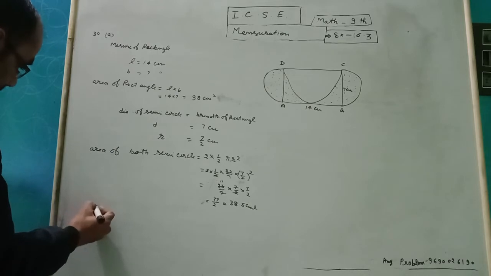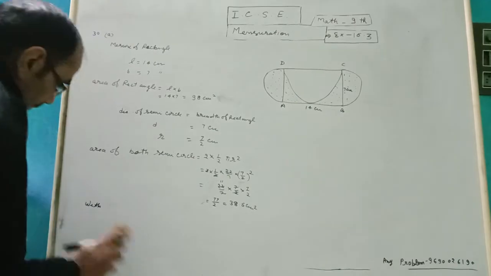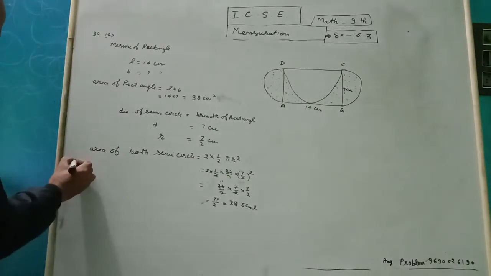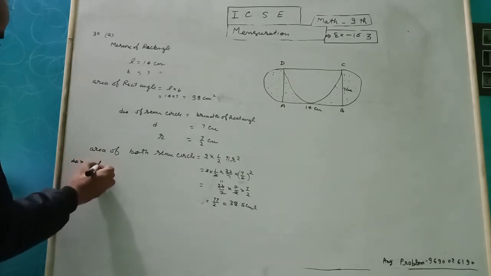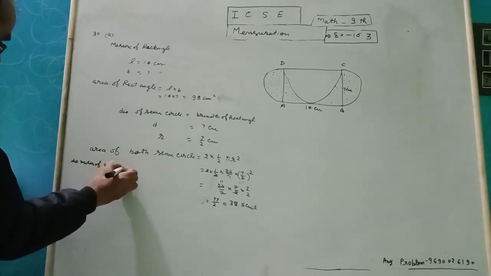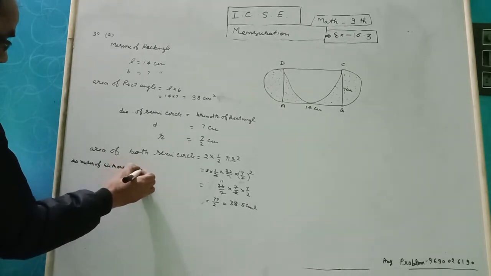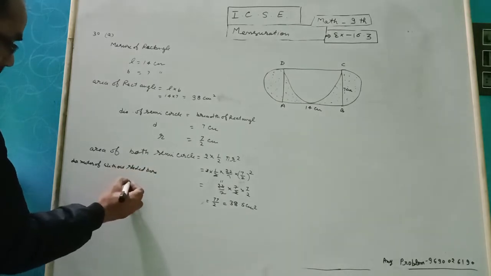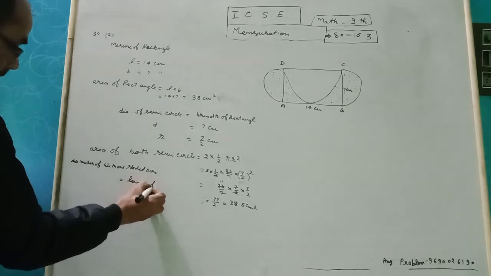Without shaded: diameter of the without shaded part is equal to the length of the rectangle.